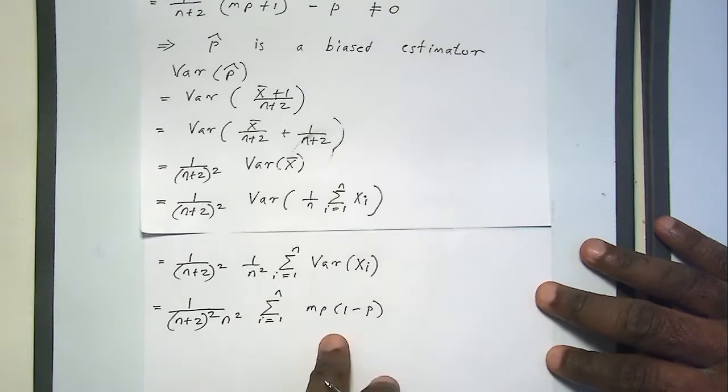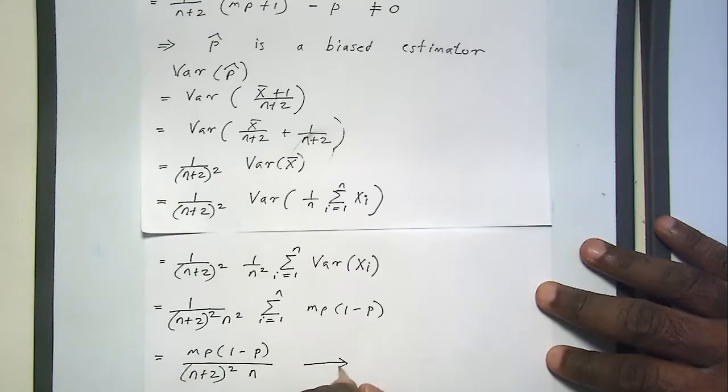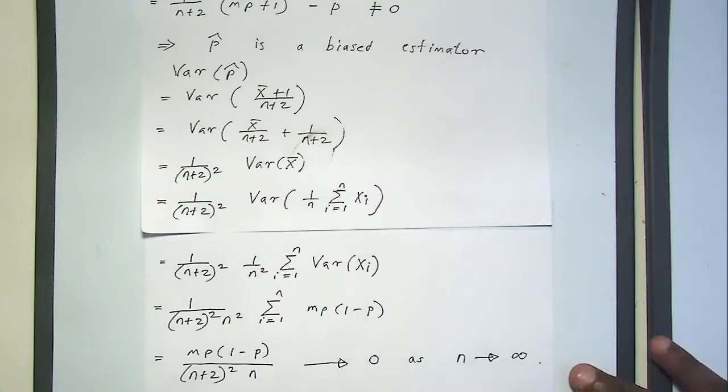So this is the variance of a binomial. So the final answer is m p times 1 minus p over n plus 2 squared n, which approaches 0. Alright, so that's question 10.